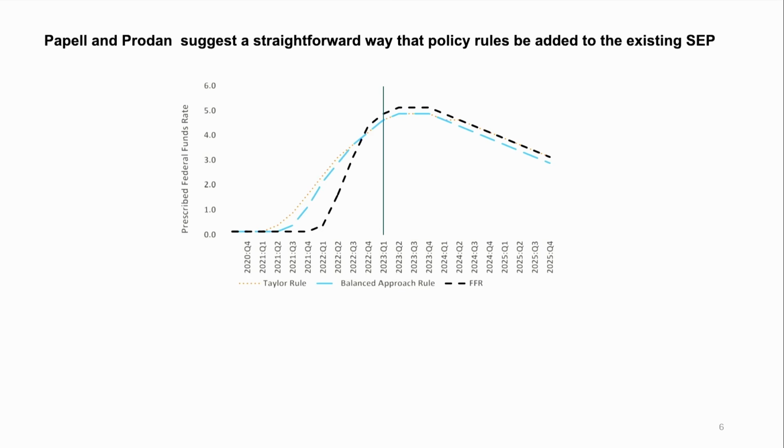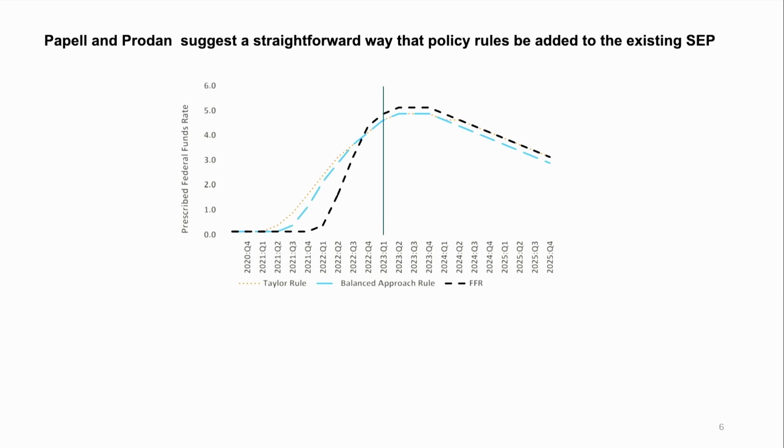You know, typically the funds rate doesn't go from 0 to 9% in one meeting, so it builds in some inertia. It's important to note how the policy paths are constructed in the Papell and Prodan exercise. So in this chart, to the left of the vertical line, at each calendar date before the March 2023 meeting, the policy rule paths that you see are computed using the actual data available to the Fed at the dates indicated.